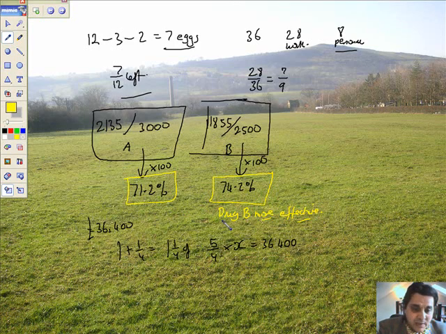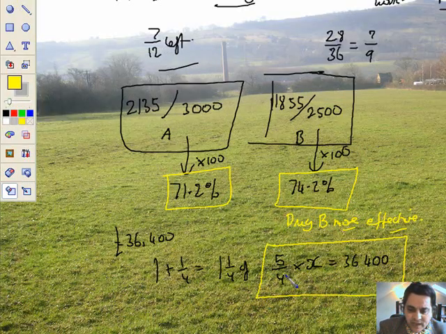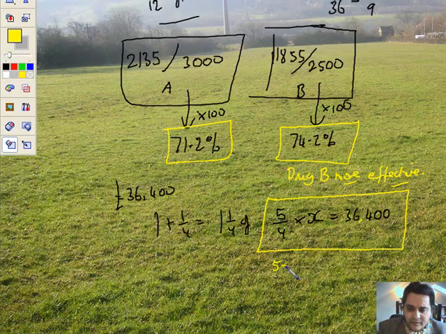So I've set up a little equation here. So 5/4 of his salary is now 36,400. So treating it like an equation, I've got 5 times x equals 4 lots of 36,400, and then in my next step I'm going to divide by 5.